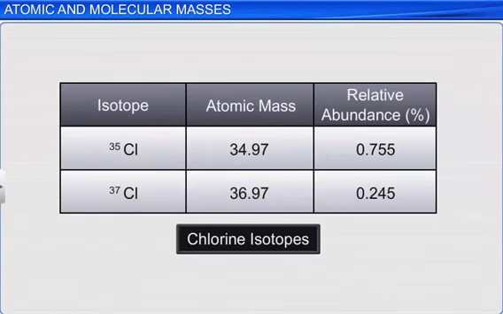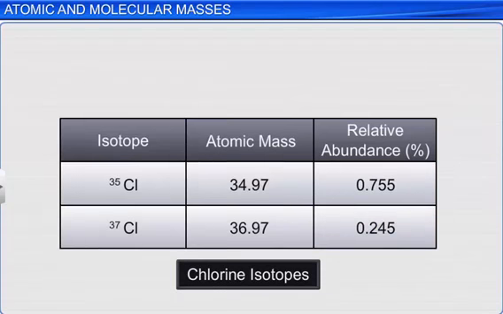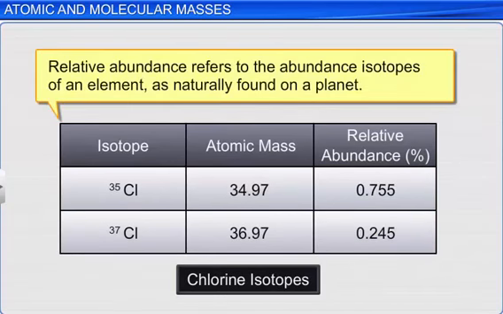For example, chlorine has 2 isotopes with atomic masses of 34.97 and 36.97 units respectively. The relative abundance of the isotopes is 0.755 and 0.245 respectively. Relative abundance refers to the abundance of isotopes of an element, as naturally found on a planet.